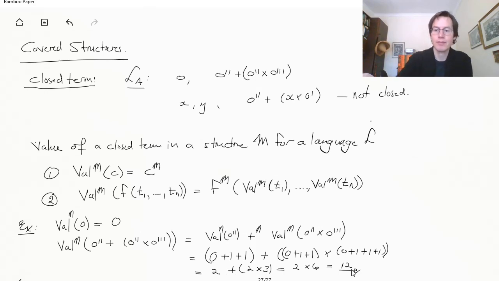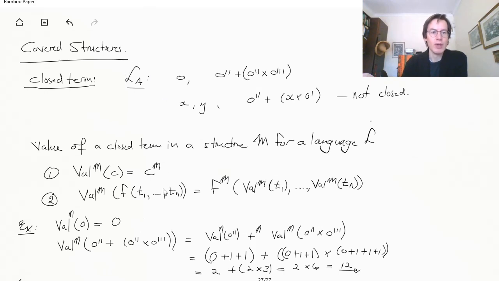So what then is a covered structure? A covered structure is a structure for a language in which every element of the domain is the value of some closed term. So give me any element of the domain, then I need to be able to write some closed term, and its value needs to equal that domain element. So now, see if you agree with me that the standard structure, or standard interpretation, or standard model for the language LA of arithmetic is a covered structure.